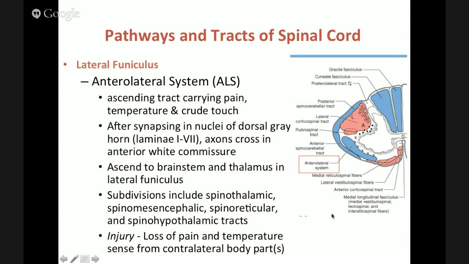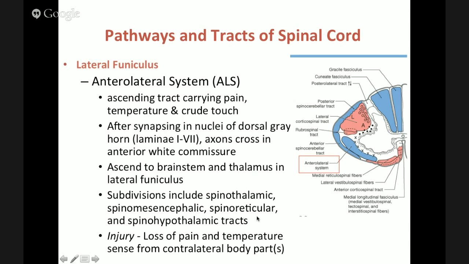They ascend to the brainstem, and as they ascend, they give off axons to different targets. Within the medulla and the pons, there are terminations of different spinoreticular axons.